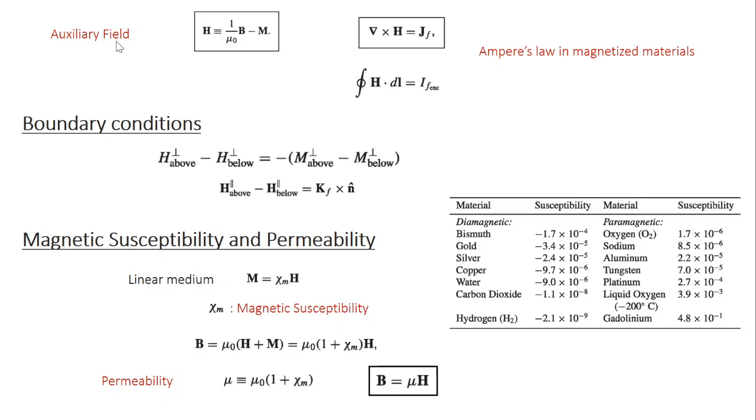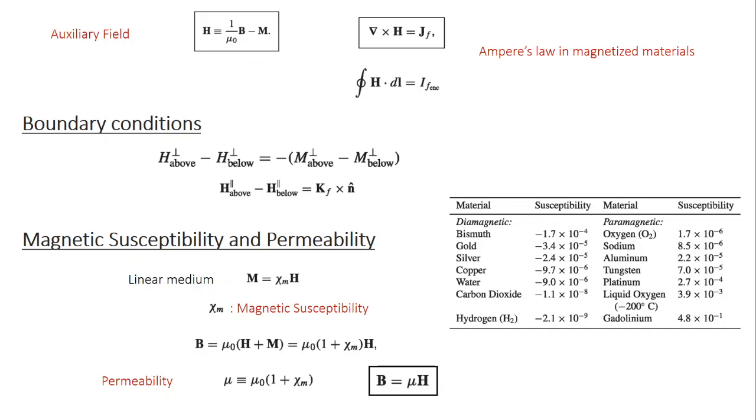Sometimes people assign more importance to the auxiliary field than the external magnetic field because the auxiliary field is a consequence of magnetization happening inside a material. So the auxiliary field can tell you a better inside story of a material than the external magnetic field.